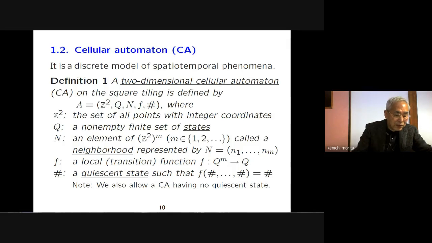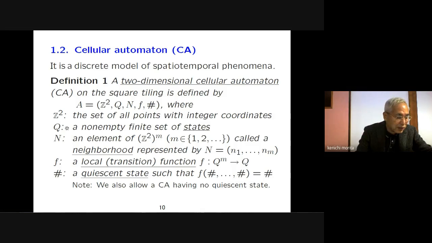It is defined by a quintuple Z square, Q, N, F small f, and sharp. Z square is a set of all points with integer coordinates.